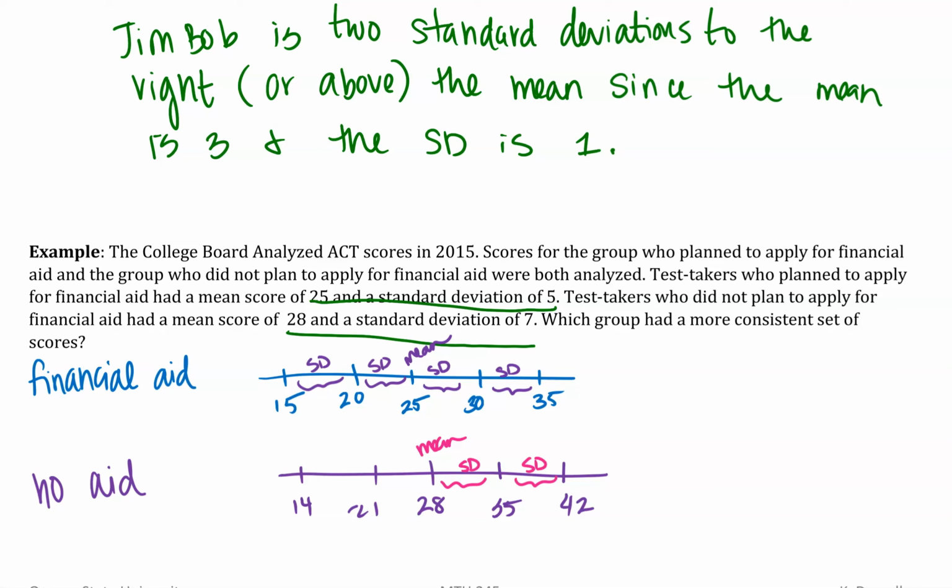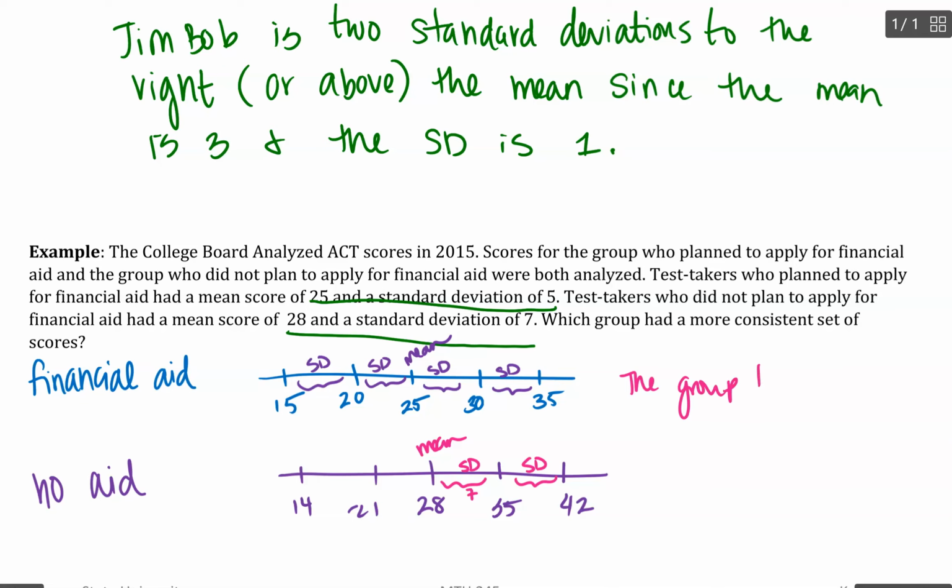So we were asked which group has a more consistent set of scores. The financial aid group has a smaller standard deviation, meaning the values are slightly closer together, and the no financial aid group is further apart because their standard deviation is 7. So those that apply for financial aid are more consistent.